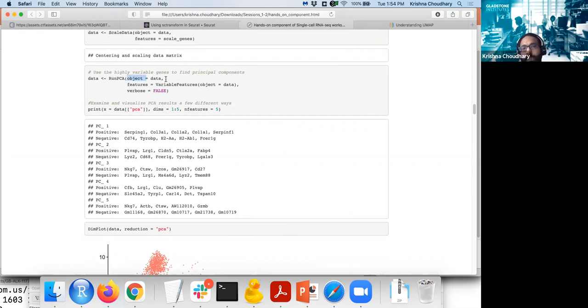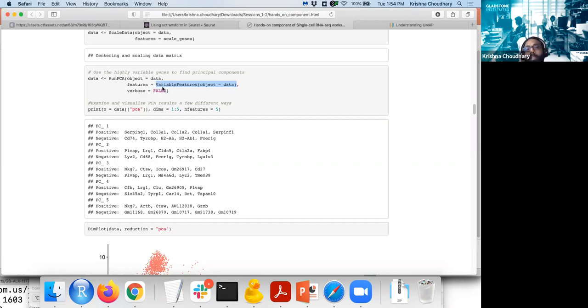So you run PCA on the set of genes which you have selected. First of all, feature selection is also a kind of dimensionality reduction. From 20,000, we reduced the dimensionality of our data to 2,000 dimensions, based on the highly variable genes, although this is not what people are typically referring to when they call it dimensionality reduction.